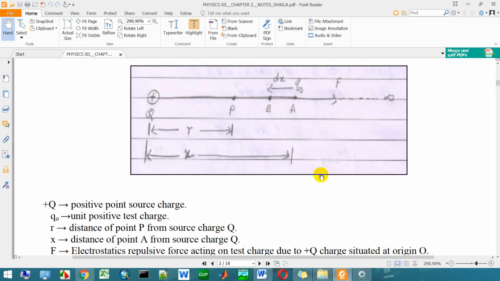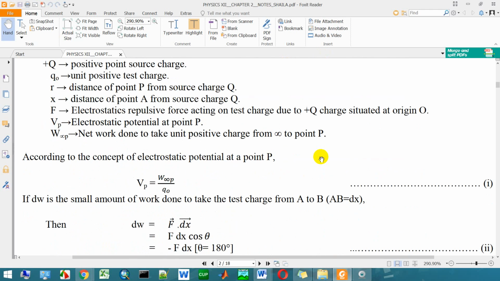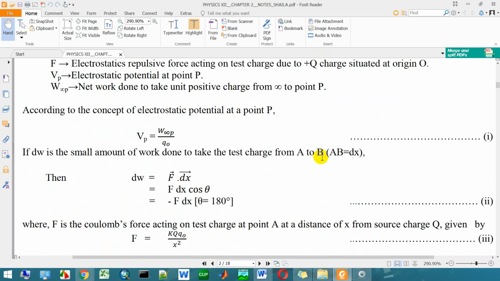We cannot use summation to find the net work done to bring the test charge from infinity to point P, because F is continuously changing. To find the net work done, we are going to use the calculus method.